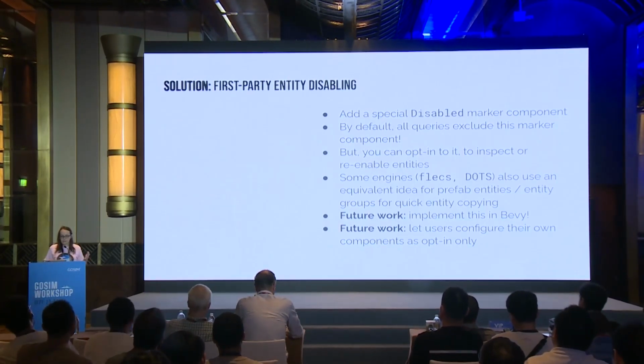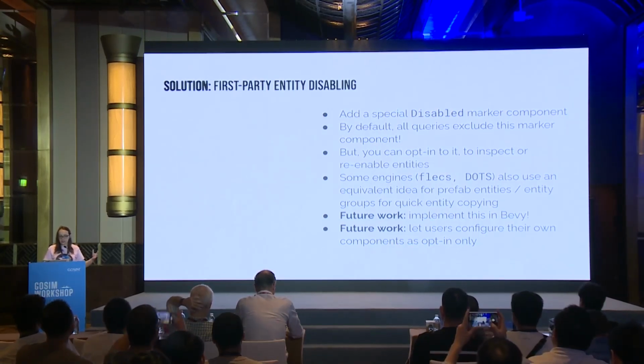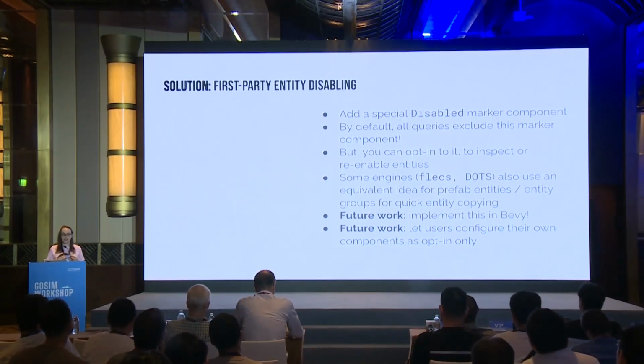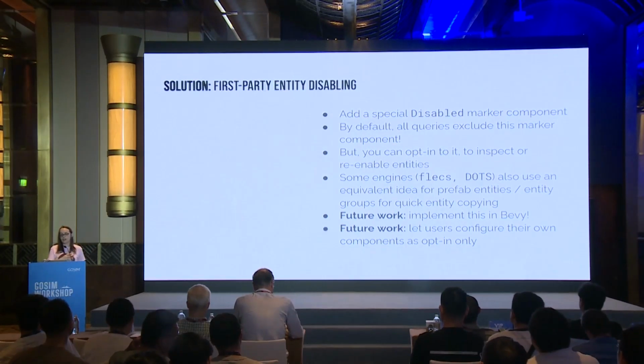So what I propose is that there should be a special disabled marker component, and by default, queries exclude entities with that component. You take ordinary logic and flip it on its head, because you want the default behavior to be correct, and then this solves all of those ecosystem compatibility problems.